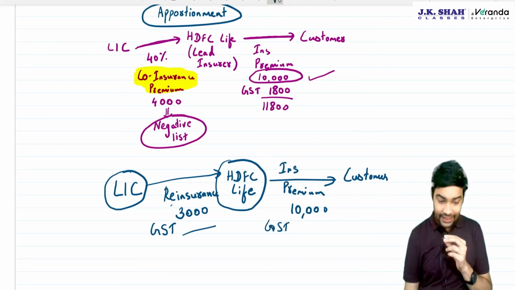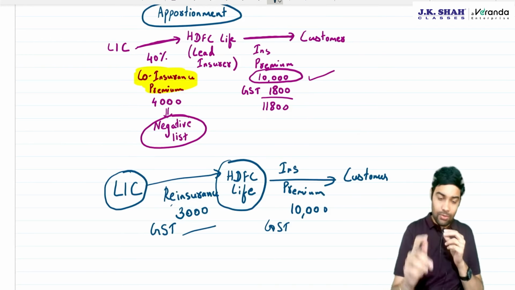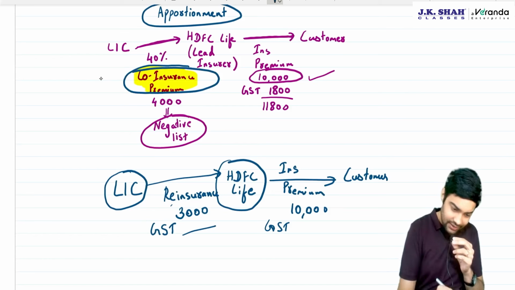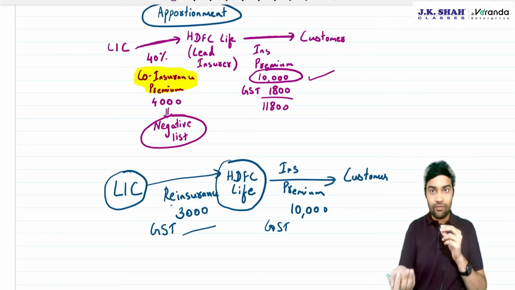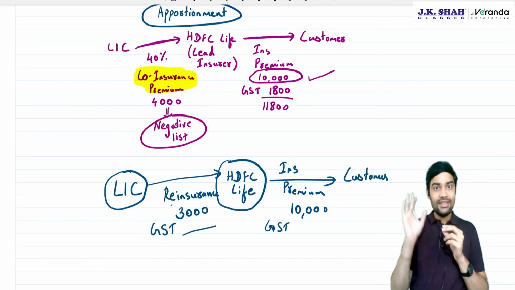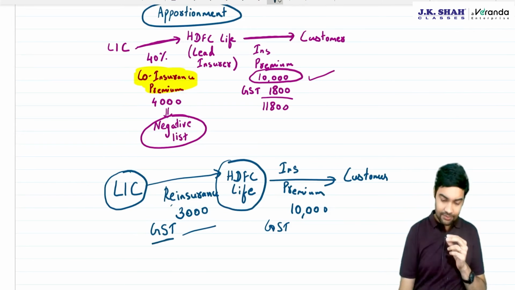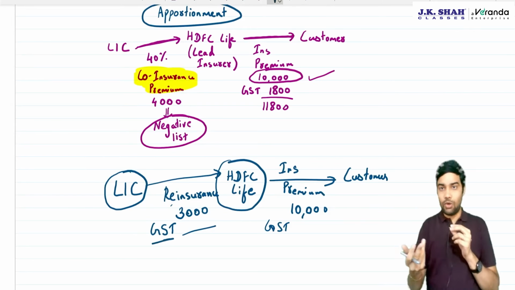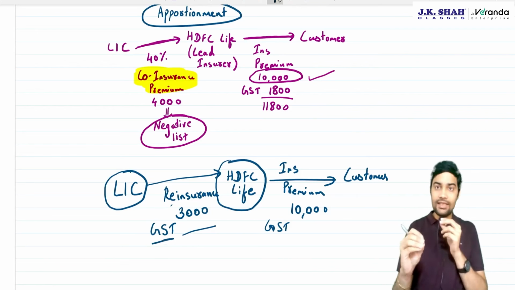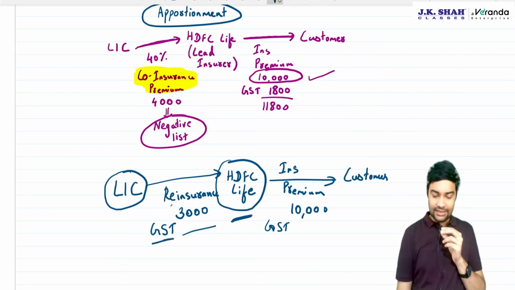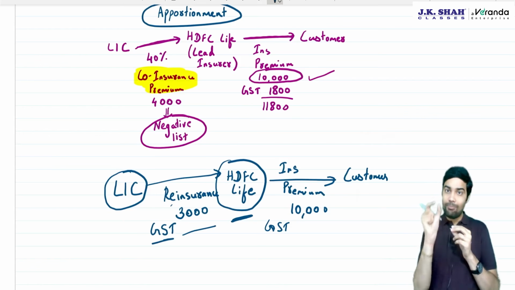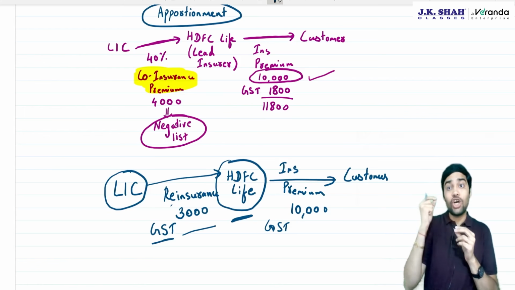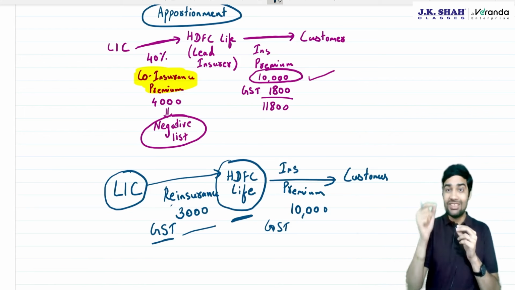Now see the difference. In co-insurance, the problem was GST was not being charged here. But in reinsurance, as it happens at a later point of time, GST was being charged on this reinsurance. Now, then what was the problem? See, whenever a company, say suppose HDFC Life, sells insurance, do you agree that they pay part of it as insurance commission to the commission agents or insurance agents?